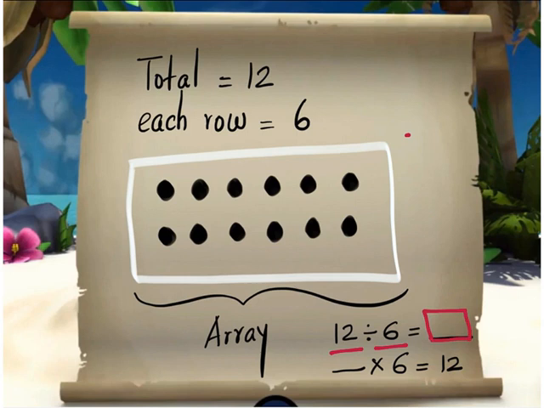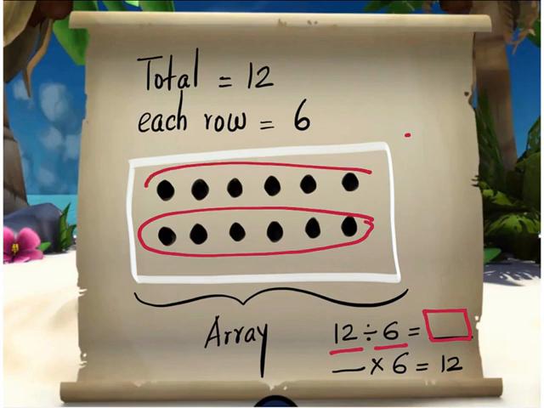So the one we are going to find is obviously going to be the number of groups. So let me divide 12 divided by 6. So this is the first group of 6 and the next group of 6 is right there. So how many groups are there? 12 divided by 6 gives 2.